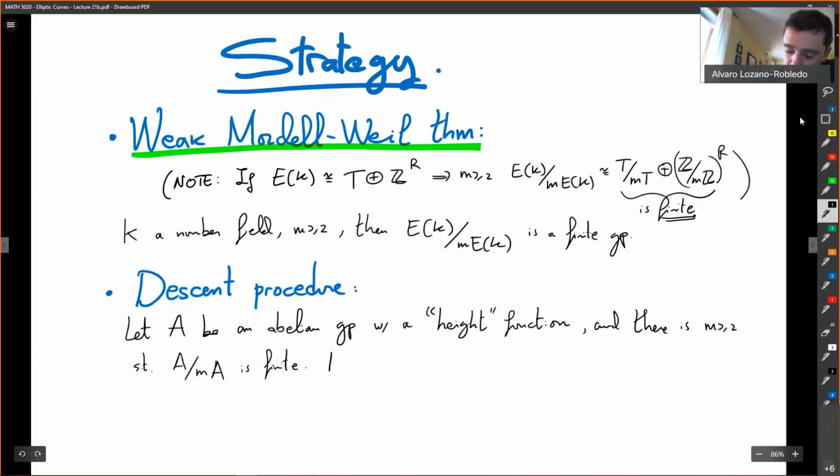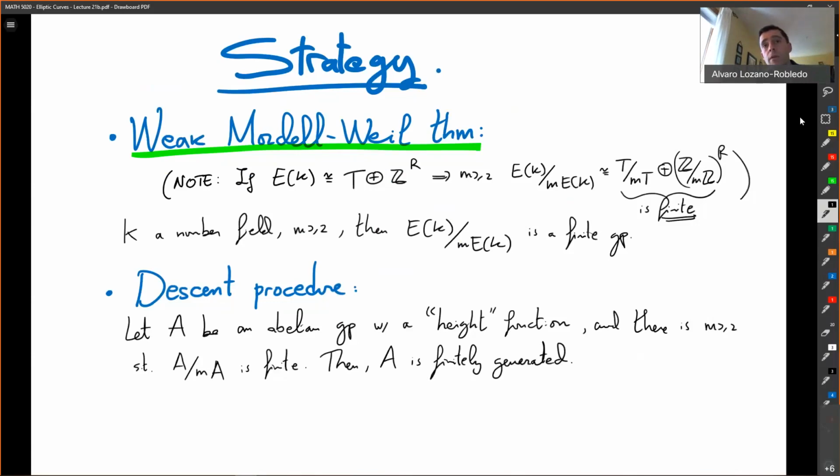Then A is finitely generated. So it is a finitely generated abelian group. Okay. So what we want to do now is prove the Weak Mordell-Weil theorem and then prove the descent procedure.